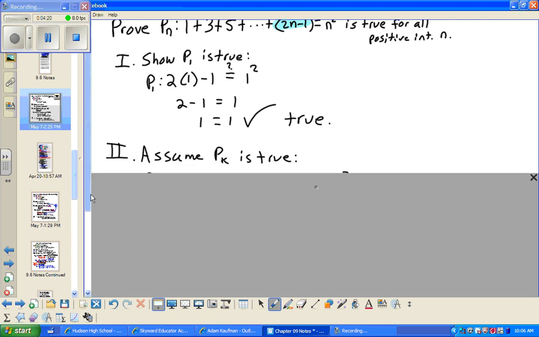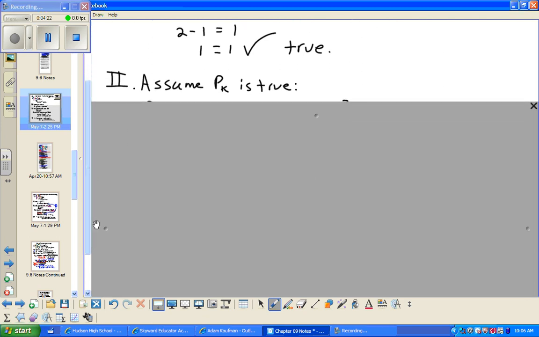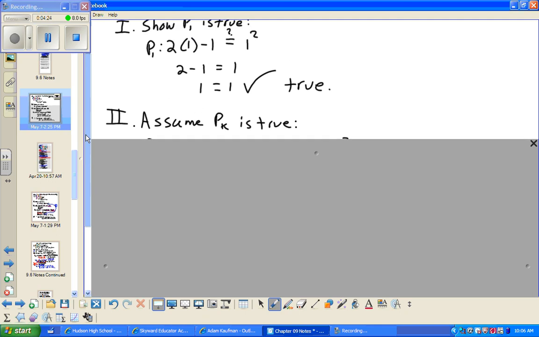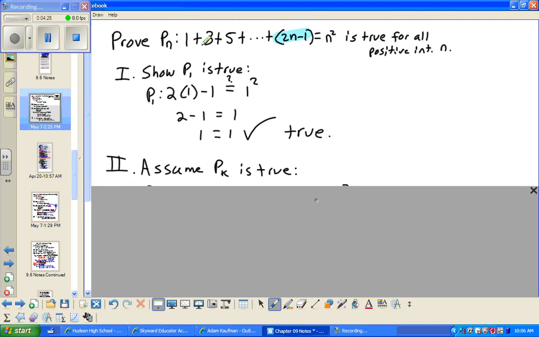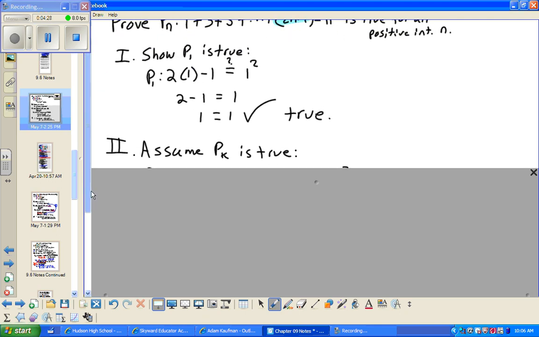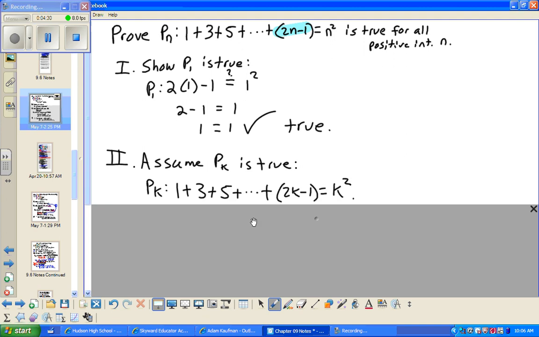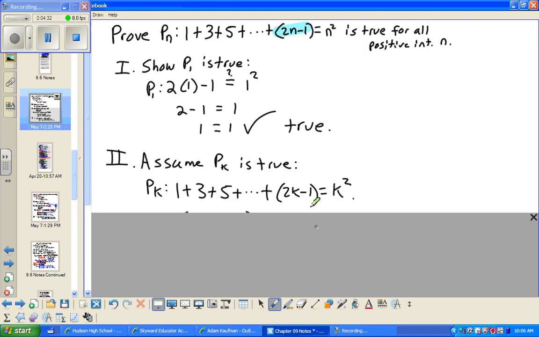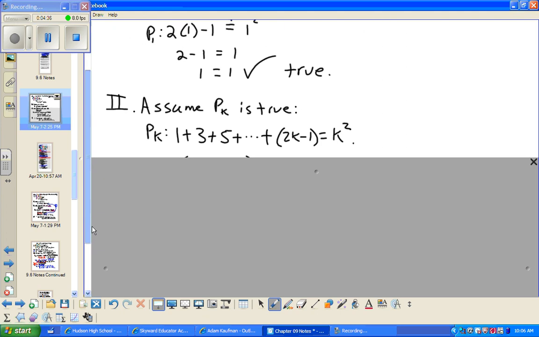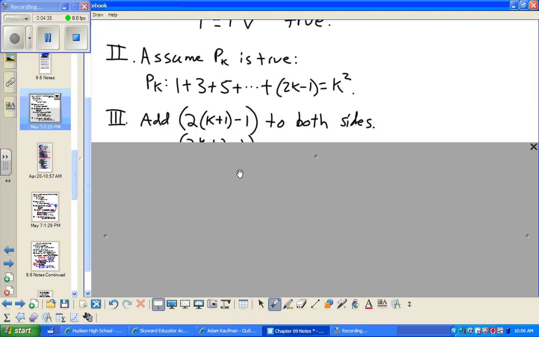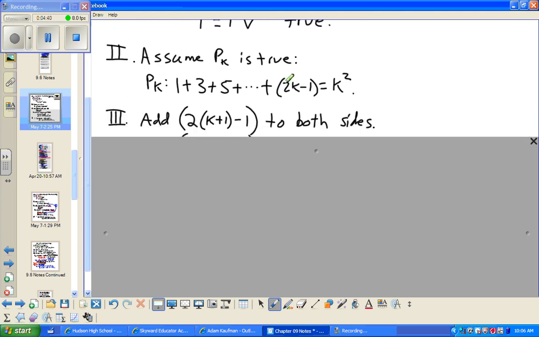Next, I assume that P sub k is true. Again, this is where I'm going to rewrite the P sub n statement, replacing all the n's with k's, assuming that this is true. That brings me to the third step, which is where I need to add the next term. So whatever term would come after this, I need to add that to both sides of the equal sign.